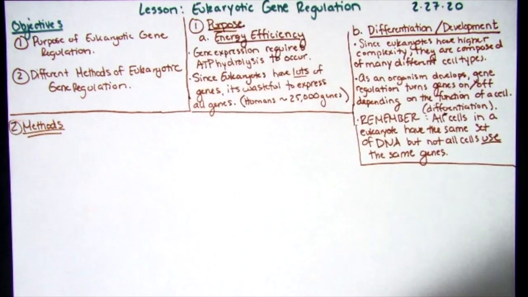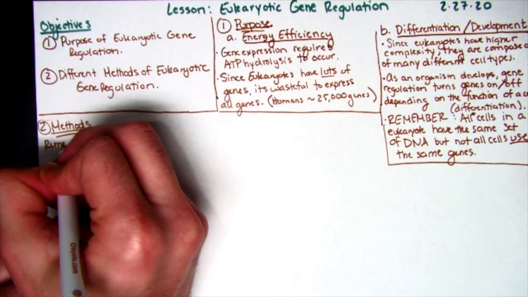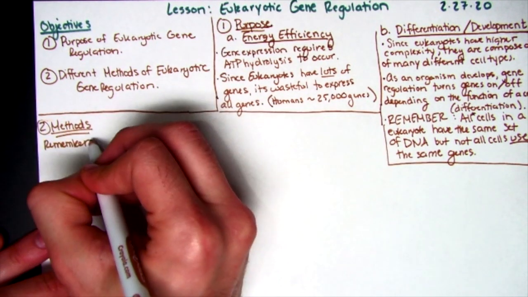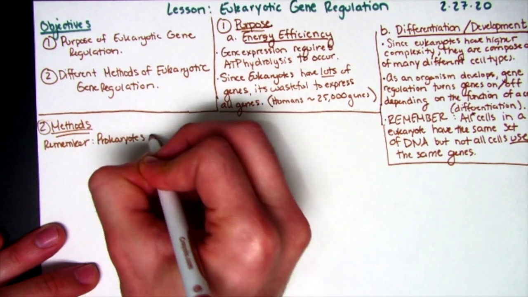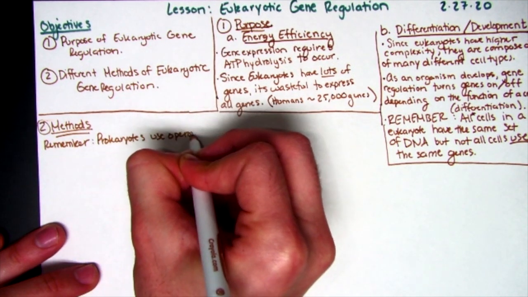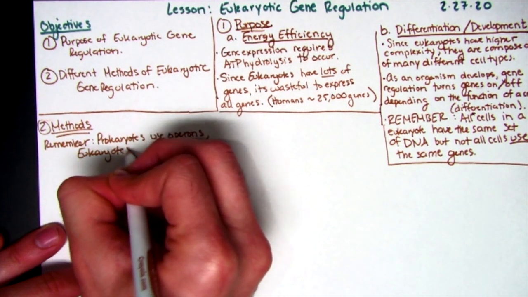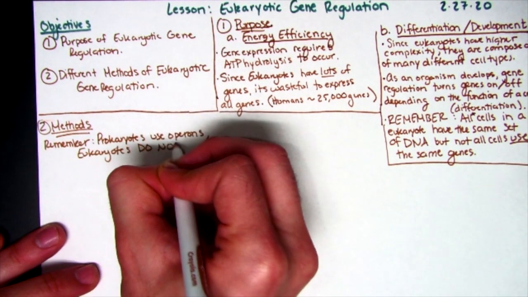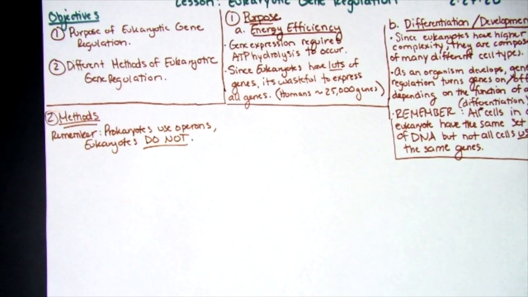Okay. So remember, prokaryotes use operons. Eukaryotes do not. All right.